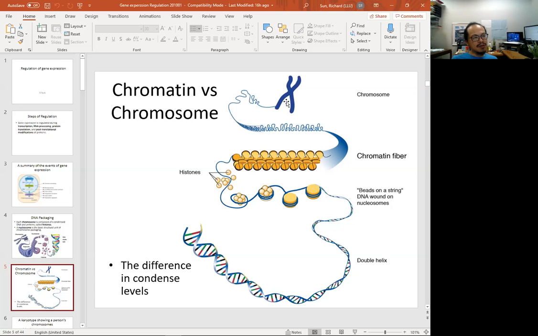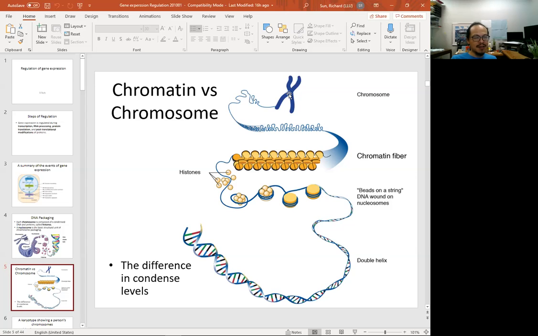Usually, we don't see this chromosome structure unless the cell is in the cell division process. Only when the chromosome is duplicated, then we see this kind of structure. And before that, this chromatin needs to be packed in order to become ready to be split away, right?